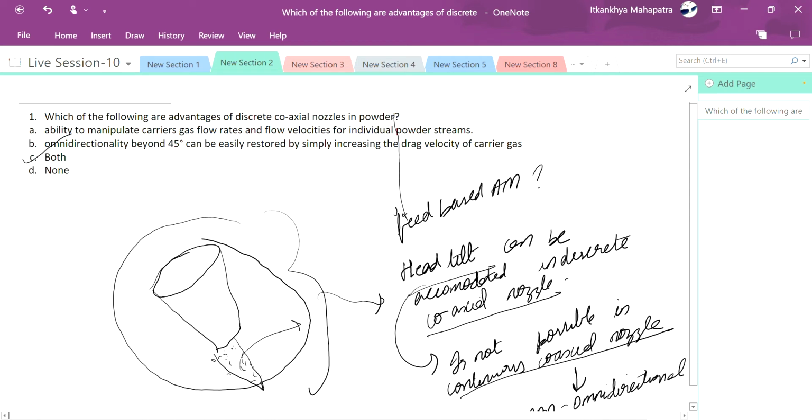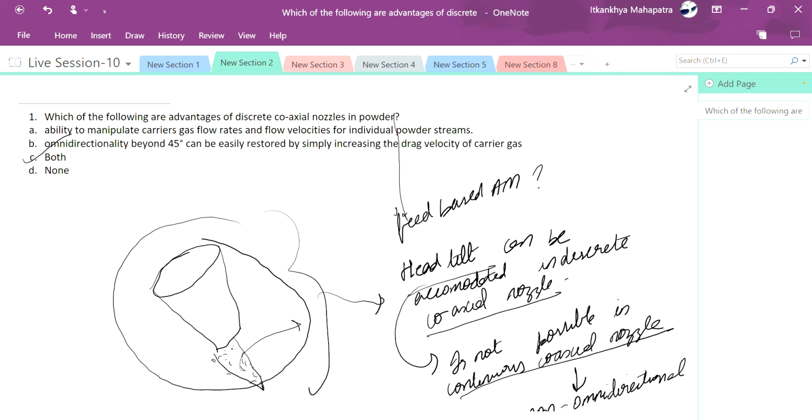So this is the main advantage of discrete coaxial nozzles. Now if someone has a doubt about the different types of nozzles, you can again refer to last week's class where we have discussed all the types of nozzles.